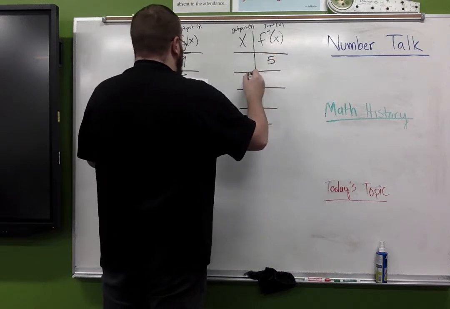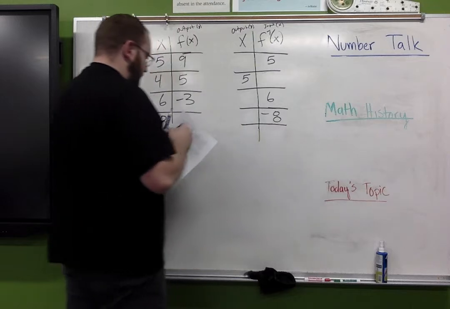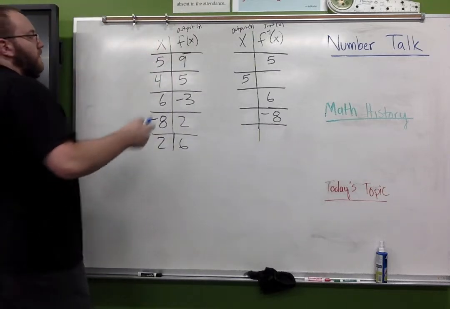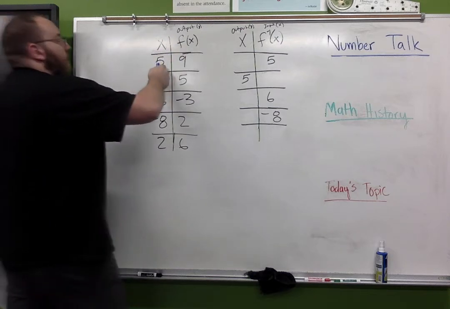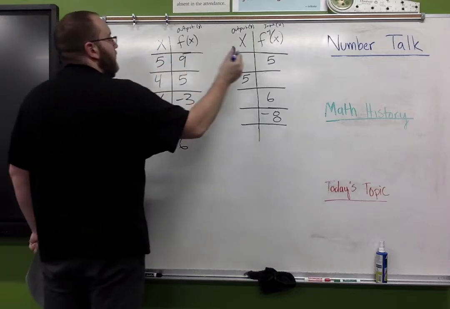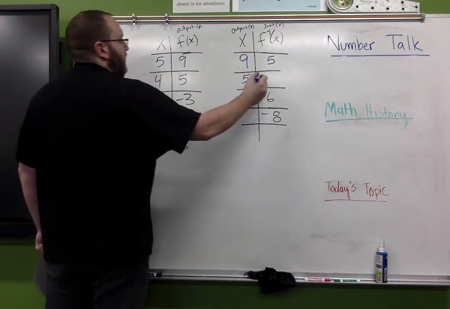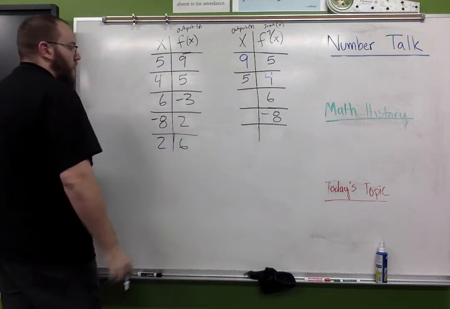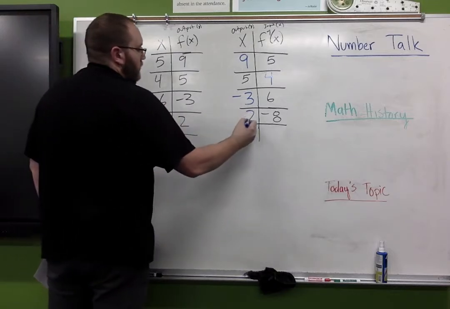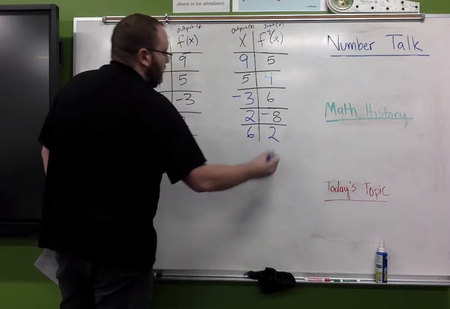This is 5, 5, 6, negative 8, nothing. So once again, my x value became my y value on my inverse. So my y value becomes my x value on my inverse. So here, this should be a 4. This one's negative 3, right? X and y switch. 2, x and y switch. 6, 2.